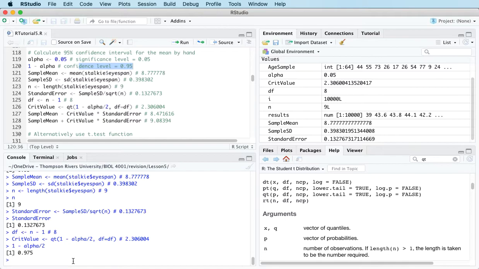And so the percentile from the t-distribution that I need, percentiles are defined so that they have a proportion of the probability on the left of that percentile, and then whatever's left on the right.